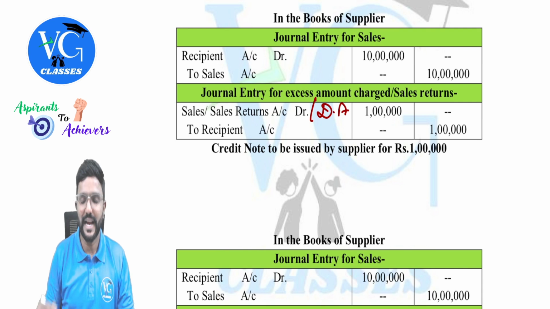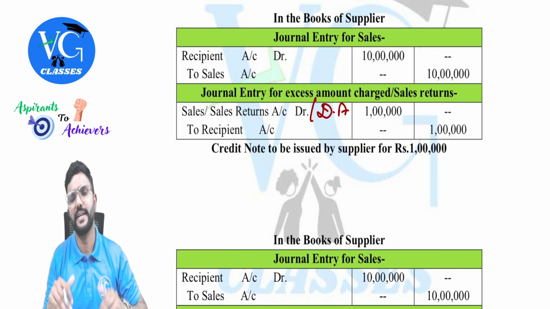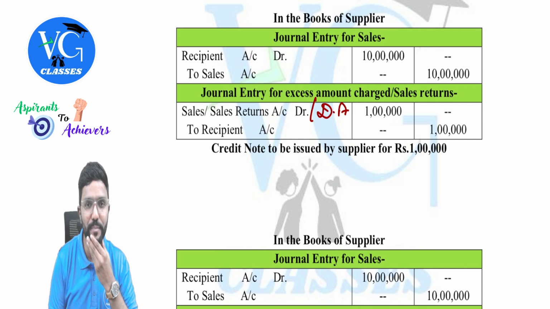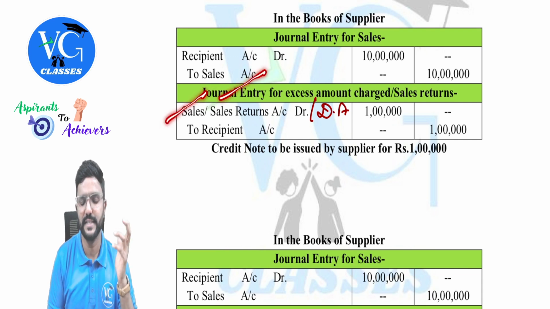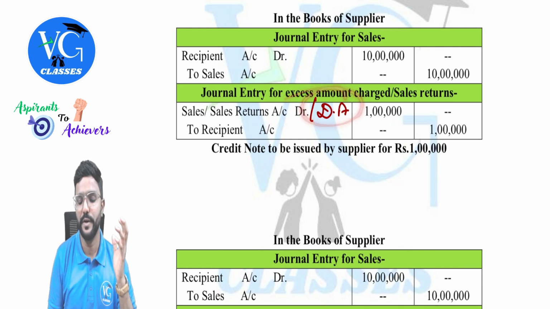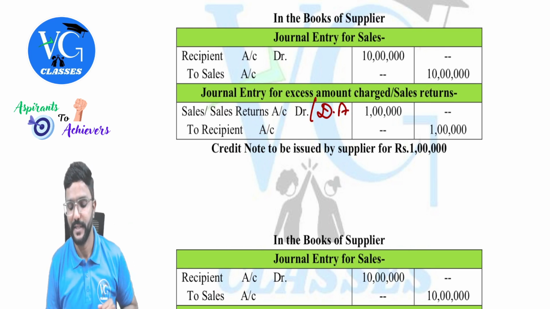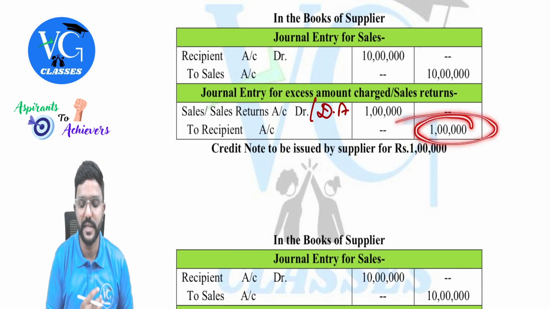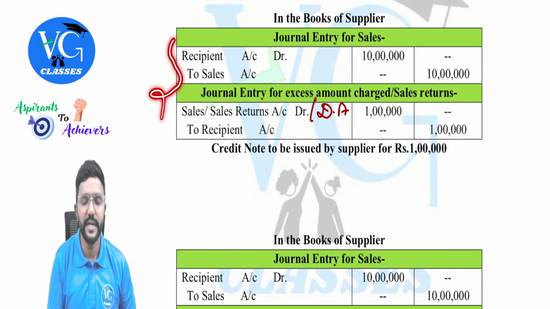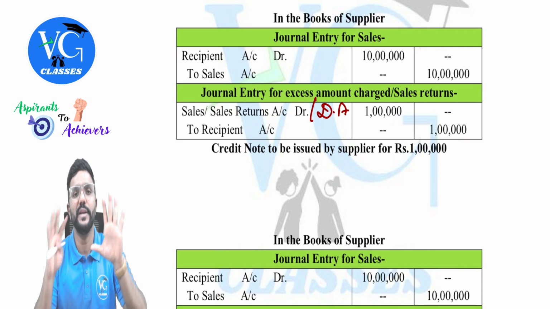But after that, assume there was a sales return or a discount allowed. So I need to pass an entry for it. Sales returns or discount allowed account debit, 1 lakh to recipient. So this will bring down your liability, whereas my asset. So I am giving a credit to recipient, 1 lakh. After this entry, you are liable to pay how much to me? Only 9 lakh.